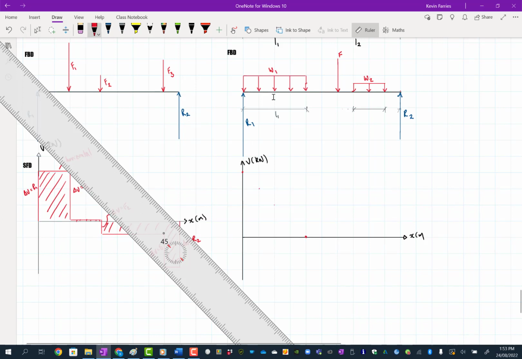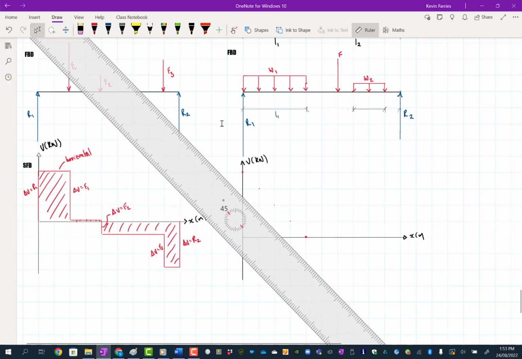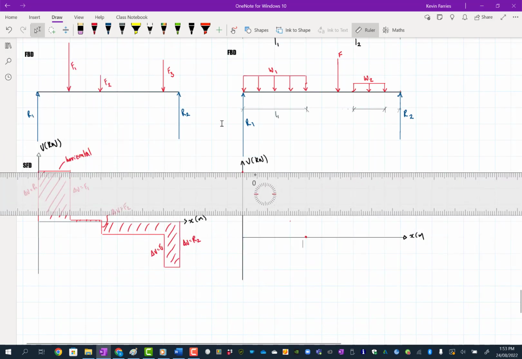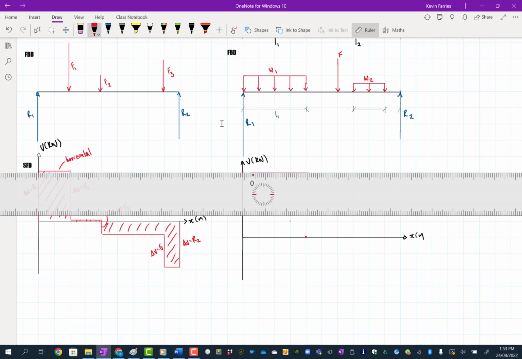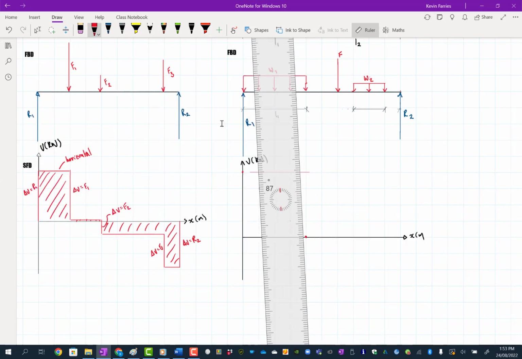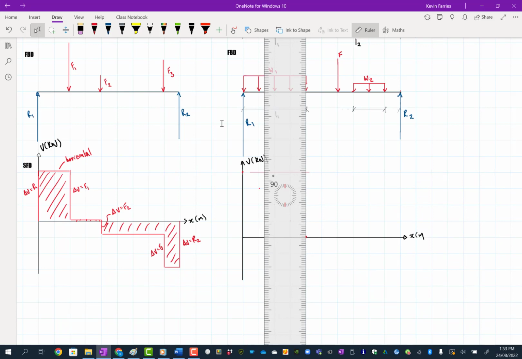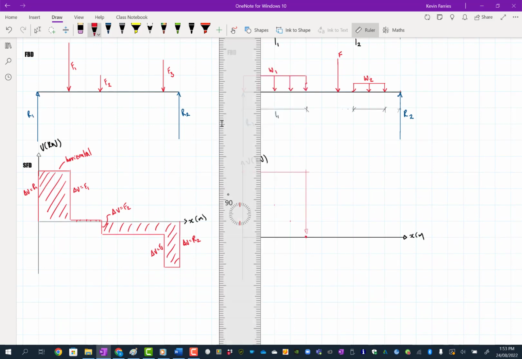So it's going to drop, drop, drop, drop 1 kilonewton each time. So let's start putting some of these things on. Let's try and think how I'm going to put them on. So let me just use a small red line for these. So what would happen between here and here? Just draw it as a little line like that.